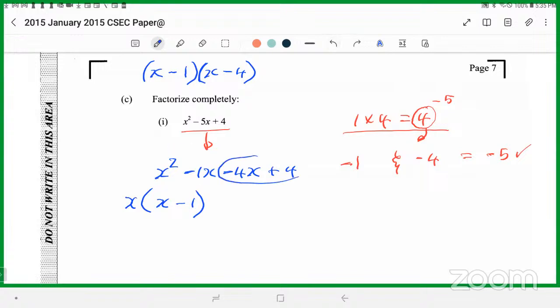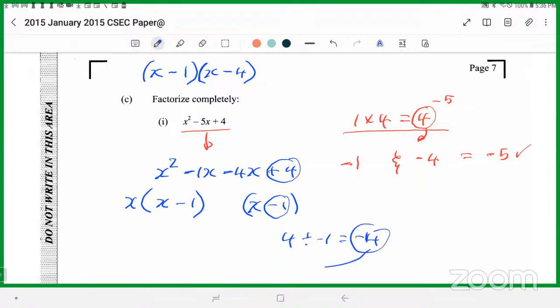Out of the other 2 terms, I need to find the same factor of x minus 1. So what I normally do is put the x minus 1 in first. Then I need the factor that's going to go in between, either a plus value or a minus value. How do you know what must go there? You can divide this 4 by this negative 1, so 4 divided by negative 1 would be negative 4.